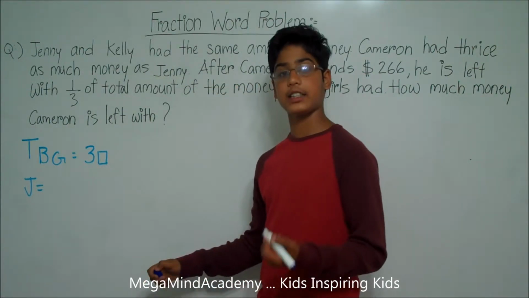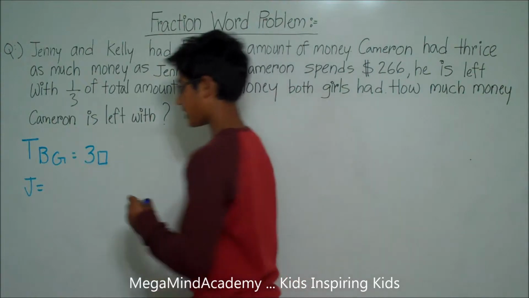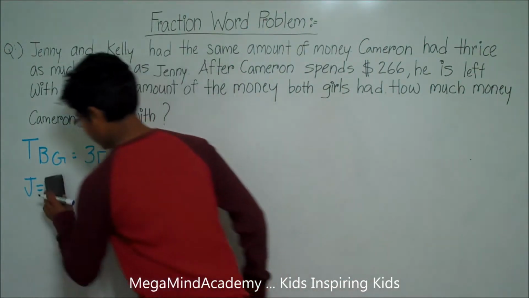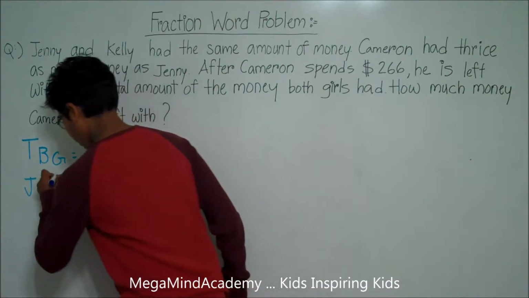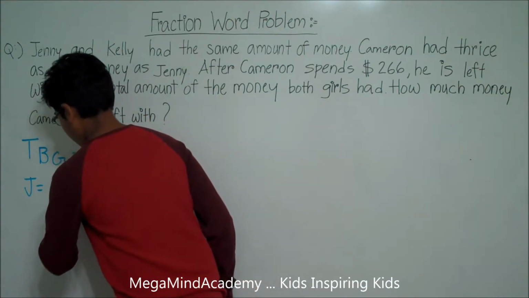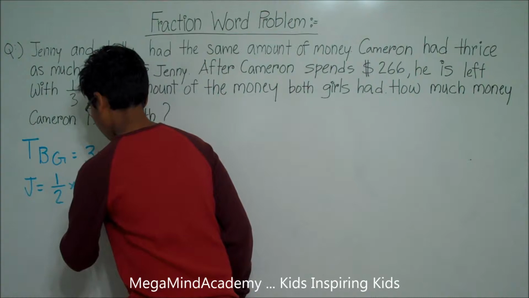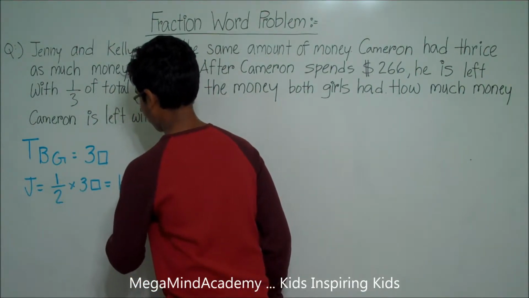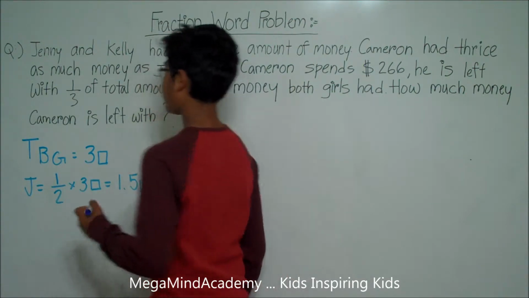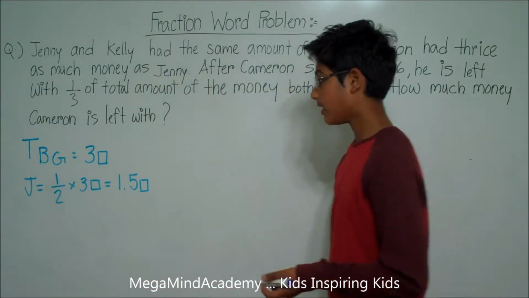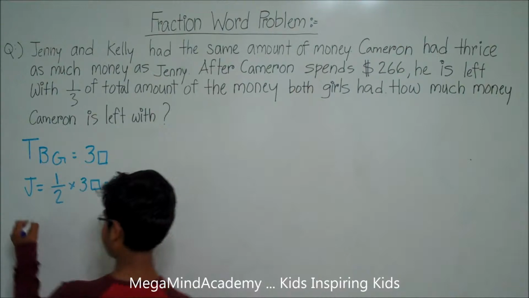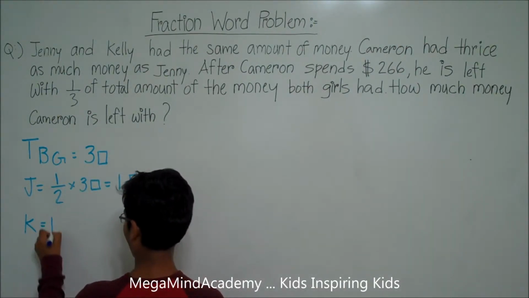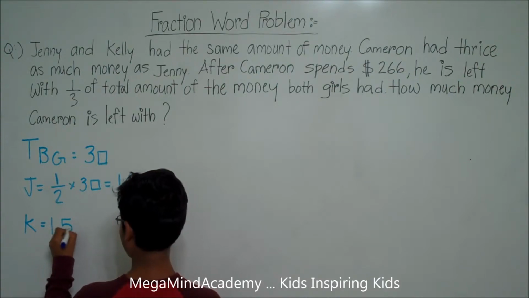So this means that Jenny has half of 3 units, which is equal to 1.5 units. So this means that Kelly, K for Kelly, also has 1.5 units.